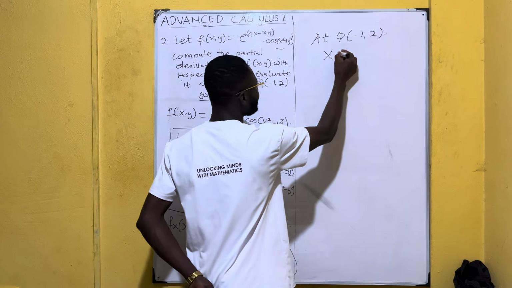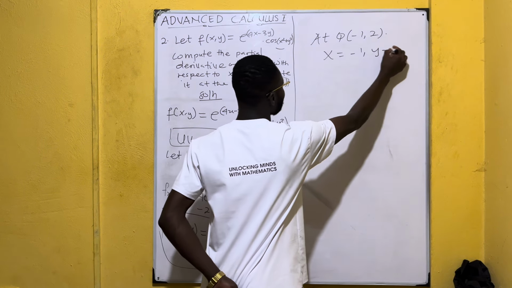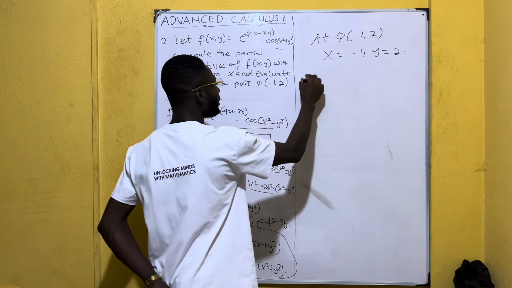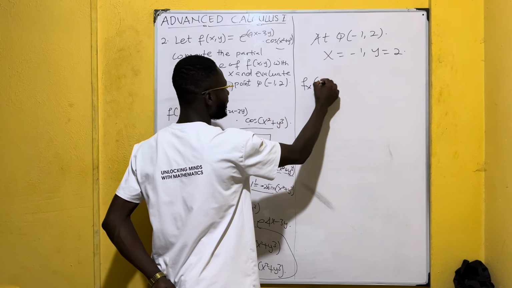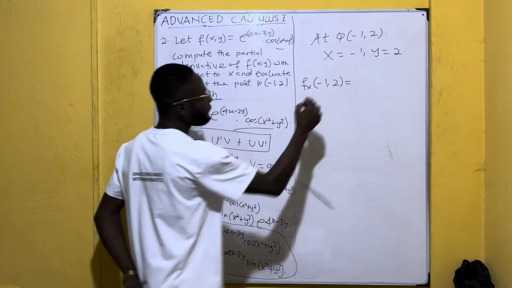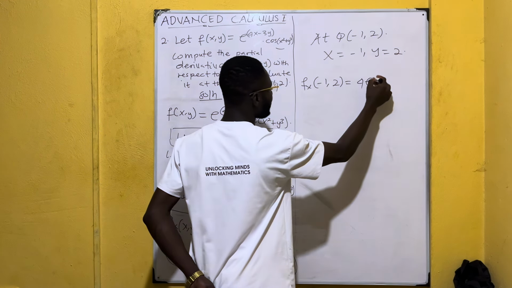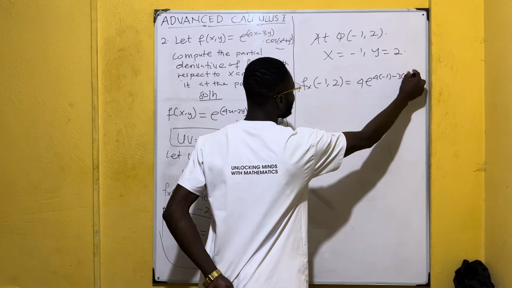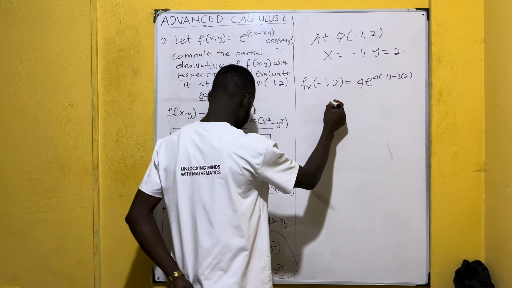Now, at the point Q of -1 and 2, it means that x is -1 and y is +2. So we substitute it inside. f_x of -1 and 2 will be equal to 4 e to the power 4 into -1 minus 3 into 2, right?